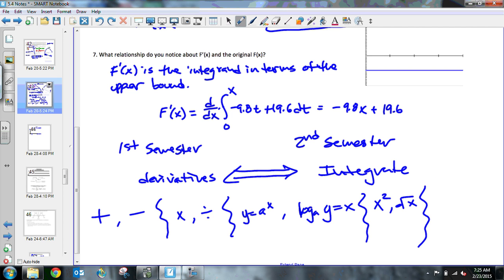So when I think of taking a derivative, what's the opposite? Taking an integral. They're very closely related. That's the big thing: we can now take the derivative of an integral, and it gives us our integrand in terms of our upper bound.